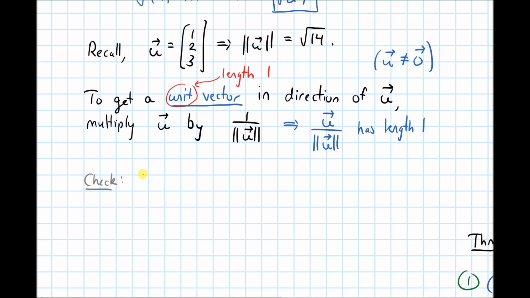Let's take u and divide it by its length. When we divide it by its length, that means we're multiplying by 1 over the length. So 1 over, and the length we already found was square root of 14, multiplying the vector u, which is 1, 2, 3. We multiply this fraction into all of the entries, so we'll get 1 over root 14, 2 over root 14, 3 over root 14.